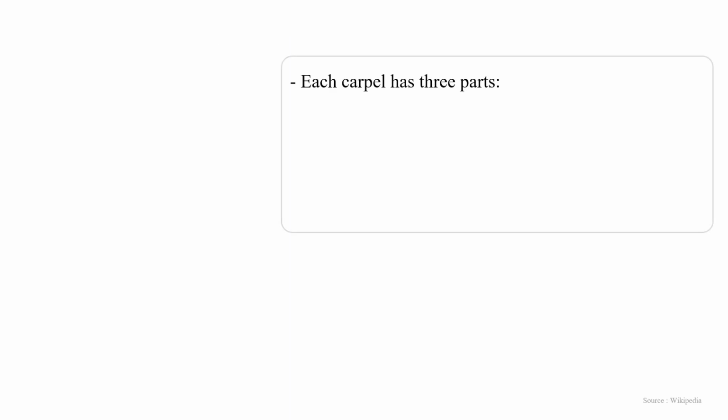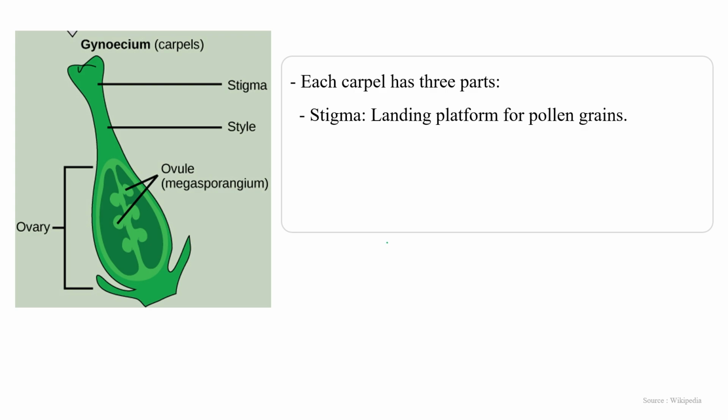Each carpel has three different parts. We have already briefly discussed this in previous slides, but here we will discuss it in detail. It has three parts: stigma, style and ovary. SSO. The stigma acts as a landing platform for pollen grains. Here the pollen comes and lands on the stigma.